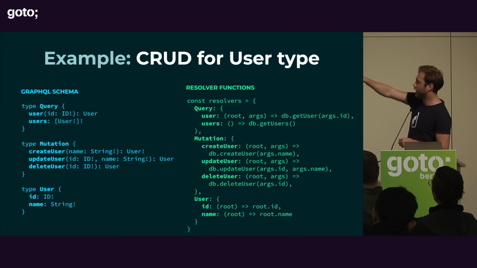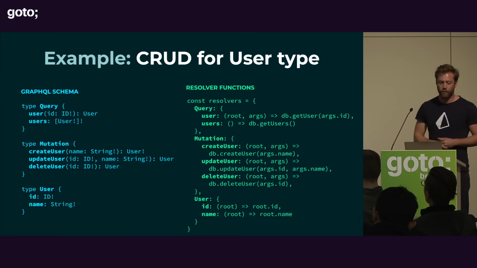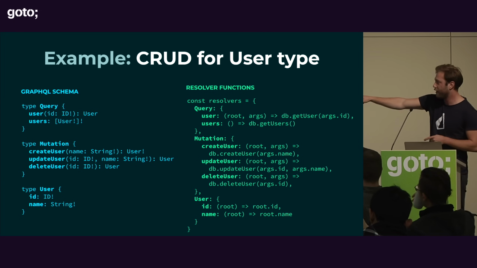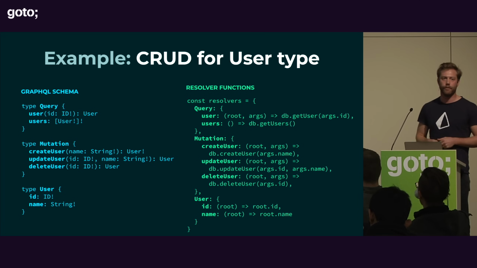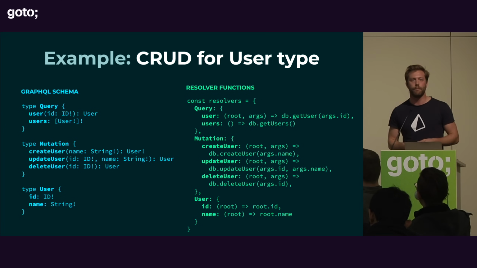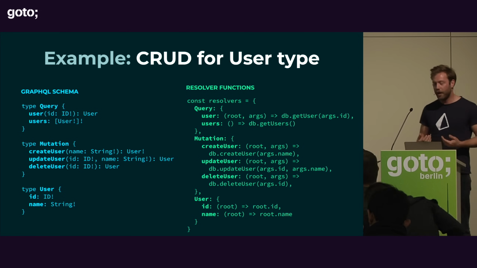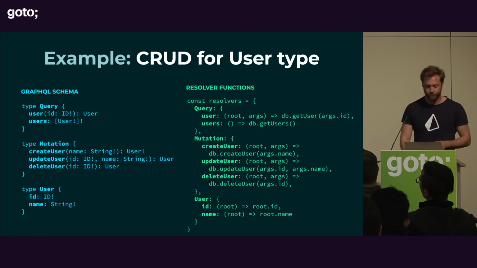We have a createUser, updateUser, and deleteUser resolver function for those three mutations. And then we also have the resolvers for the user type, which, if they follow this very trivial pattern, you can actually omit because at least in JavaScript, the GraphQL JavaScript implementation is smart enough to infer these resolvers.